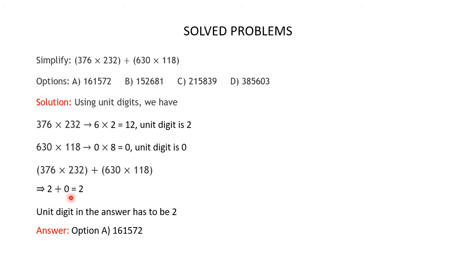So 2 plus 0 is 2. Now, the unit digit in the answer has to be 2. When you look at all these options, you will see that option A has a number which has the unit digit as 2. So this is the correct answer option. So the correct answer is option A, 161572.